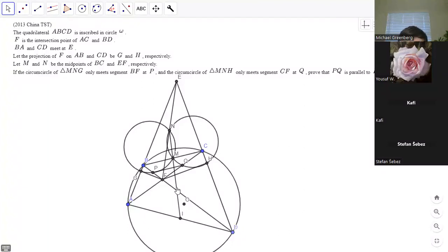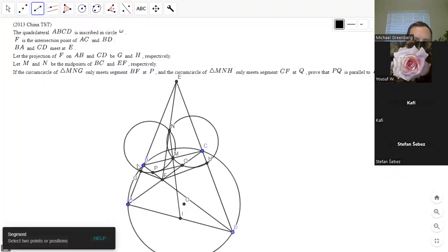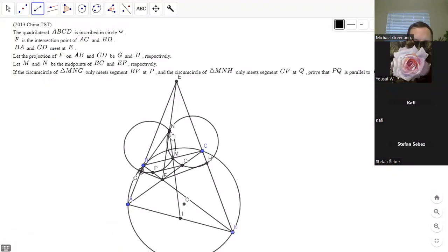So obviously NG and NH are equal, because we have 90-degree angles and N is the midpoint of the diameter. So N is on the bisector of NG and NH. Yes. So we need to show that MG and MH are equal.